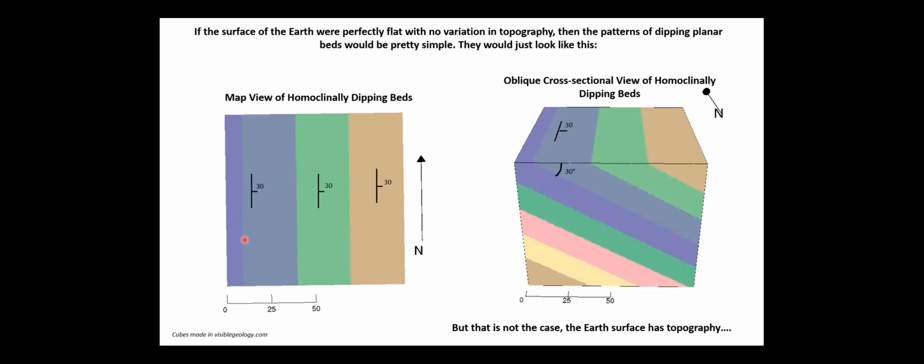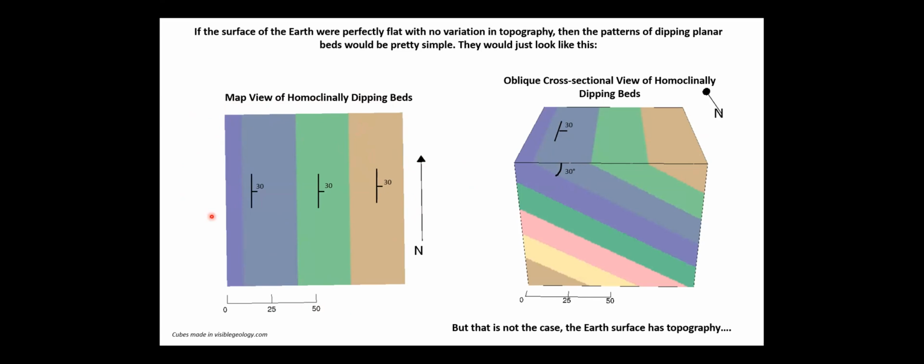Okay, so just to begin thinking about this, imagine I have this block model of a perfectly flat Earth. And in this perfectly flat Earth, we have a couple of layers that are tilted to the east by 30 degrees. Okay, so they're striking north-south, and they're tilted 30 degrees to the east. If the Earth were perfectly flat with no variation in topography, then this is what the map of these layers would look like.